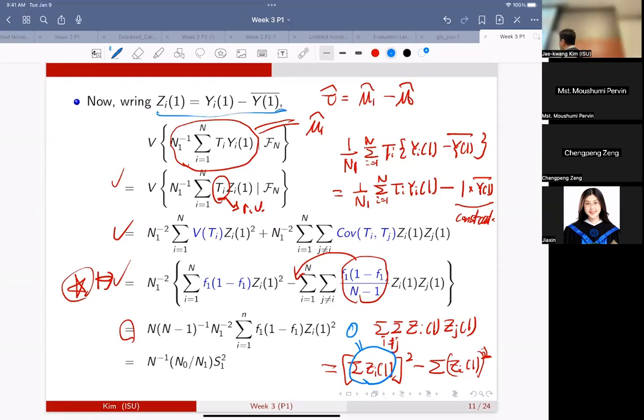So in the end, this is equal to minus the summation of squares, which is the same as this one. If you move this up, this is actually the summation of the Ci squares.